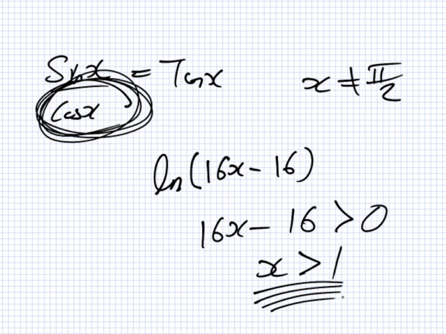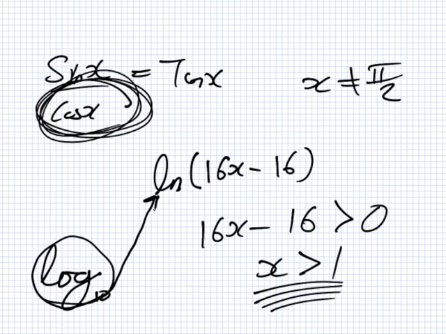I have a question. Why don't you say ln instead of log? Because ln and log are the same. In maths we never mean base 10 when we say log. So when a maths person says log, they always mean ln.